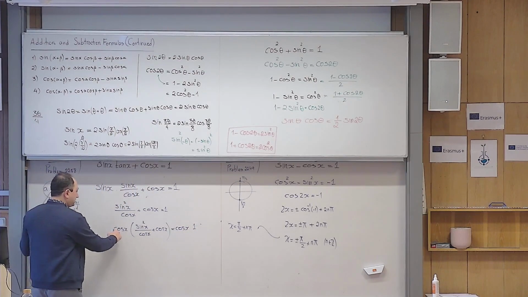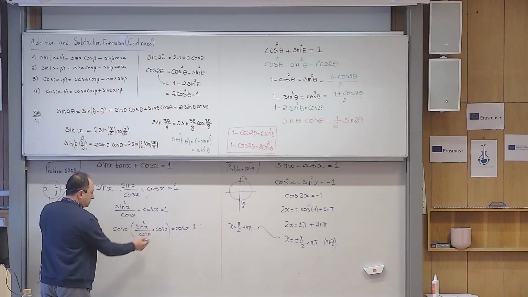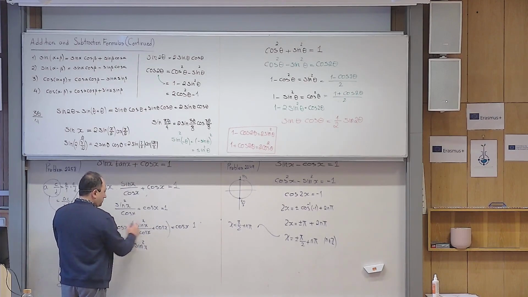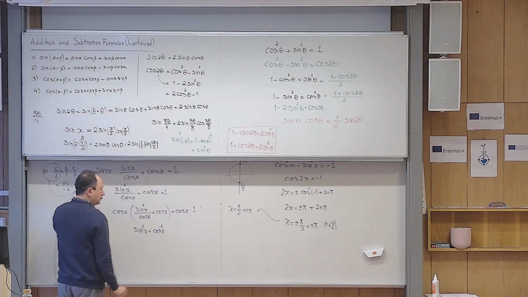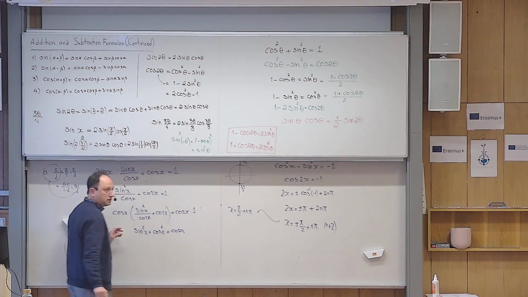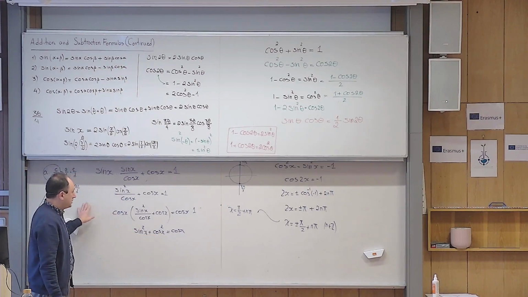When I multiply by cosine, this cosine and that cosine cancel, 1 is left, so it becomes just simply sine x squared. If I multiply cosine here, it becomes cosine x squared. And on the right hand side becomes what? Cosine x.